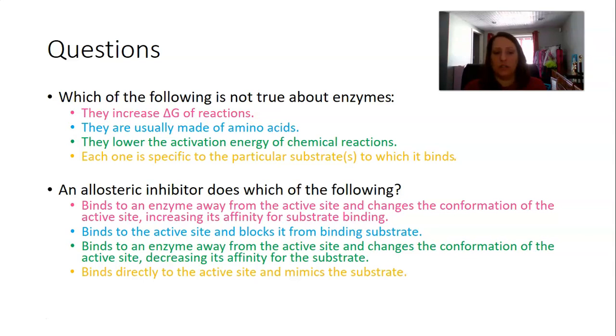Or green, does an allosteric inhibitor bind to the enzyme away from the active site and change the conformation or shape of the active site, decreasing its affinity for the substrate? Affinity means attraction. Okay, so is that true for allosteric inhibitors? Or yellow, binds directly to the active site and mimics the substrate. So which one of those is true?